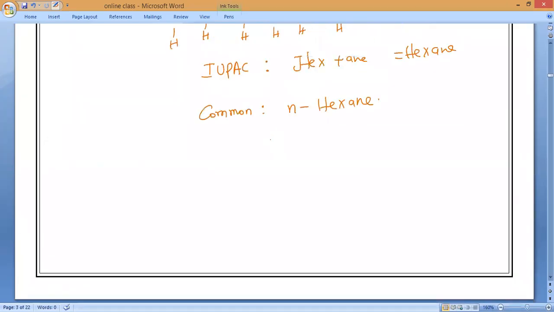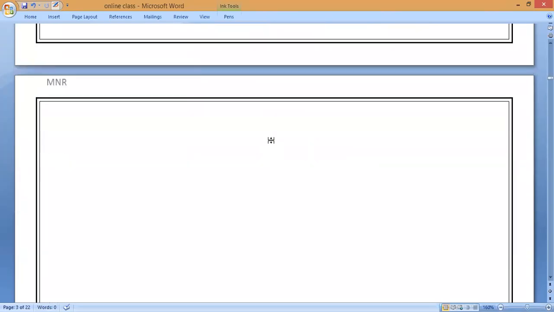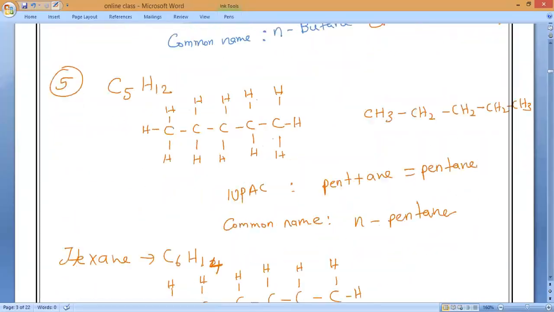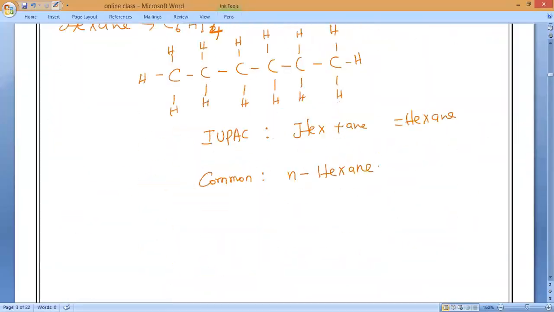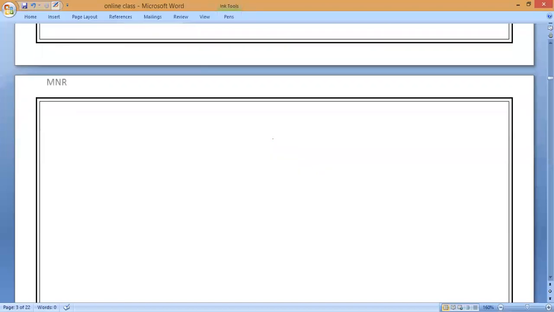Now, this is what we have about straight chains. Straight chains are very simple, nothing is there. But for branched chains, we have to be very careful while writing the names. That is where isomers come in now.